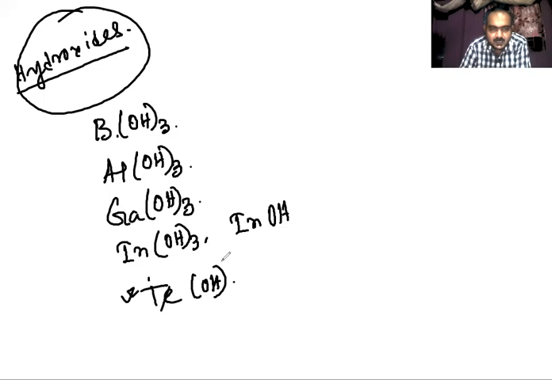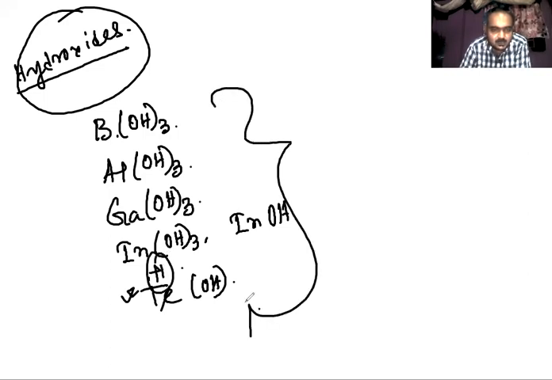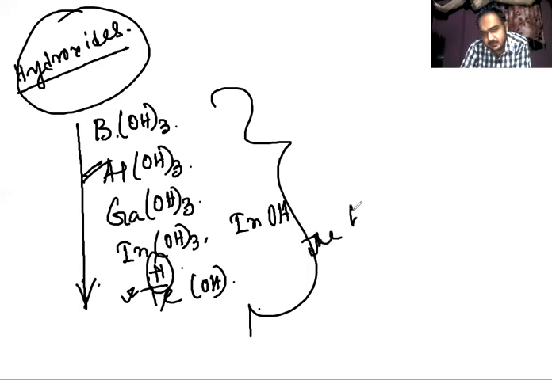So, because of the inert pair effect, the +1 oxidation state is stable. Al(OH)3 is actually amphoteric in nature. It reacts with both acids and bases. While going from top to bottom, the basic nature increases.